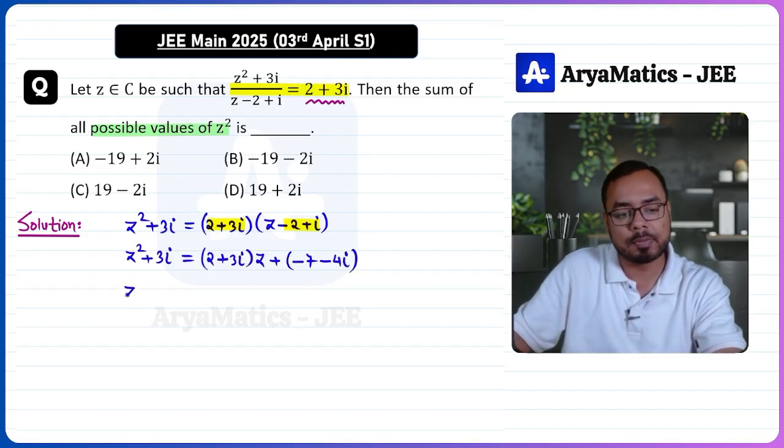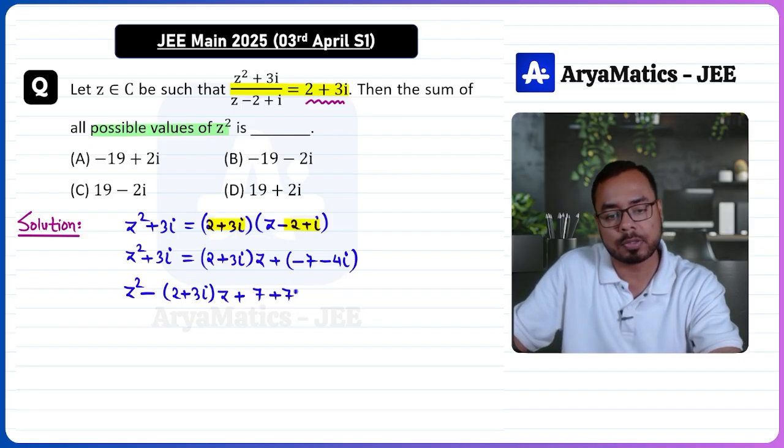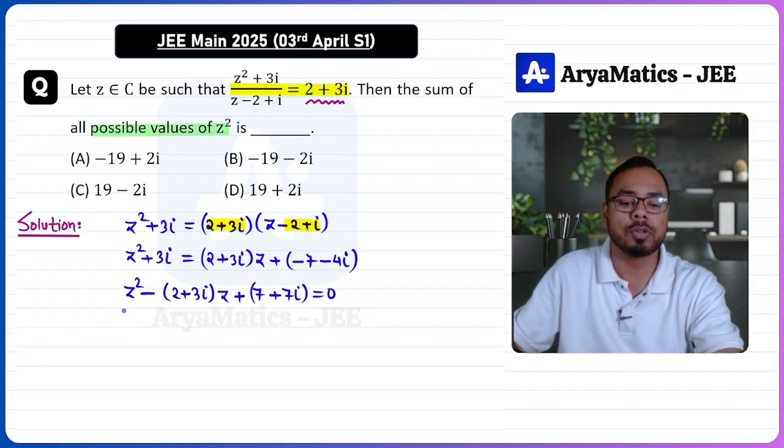And now if I rearrange, we'll get Z square minus 2 plus 3 iota into Z, plus 7 we can take on the other side, and 3 iota plus another 4 iota. So 7 plus 7 iota equals 0. So this is the quadratic equation that we are getting.